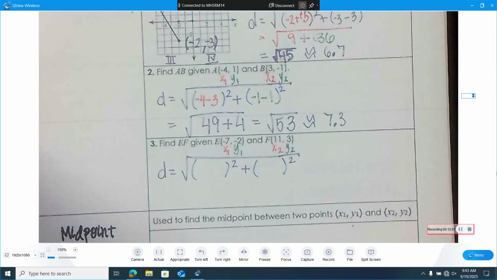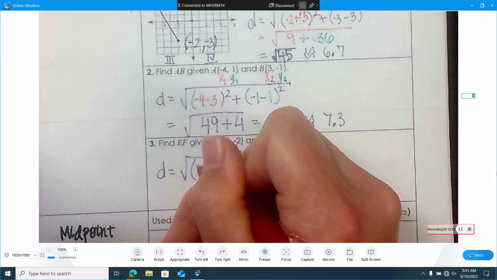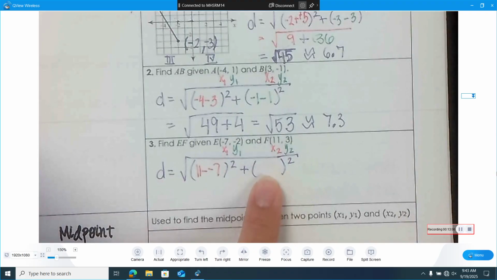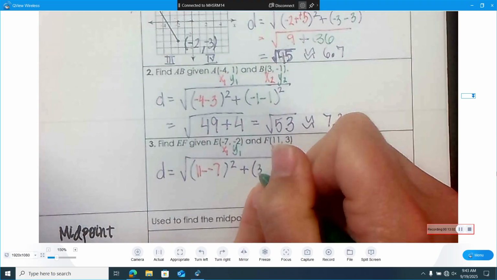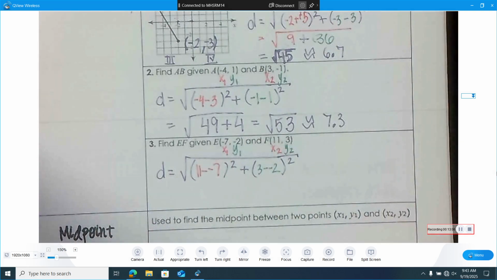And what should we put inside our first bubble? Good. 11 minus a negative 7. We're subtracting our x's. Very good. And then in our second bubble, we're going to do 3 minus a negative 2. Beautiful. Subtracting the y's.